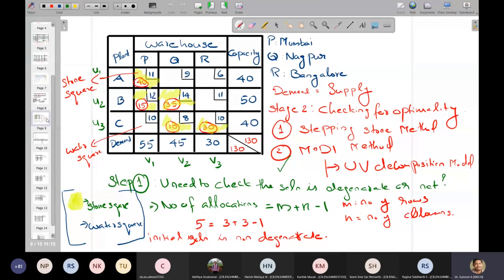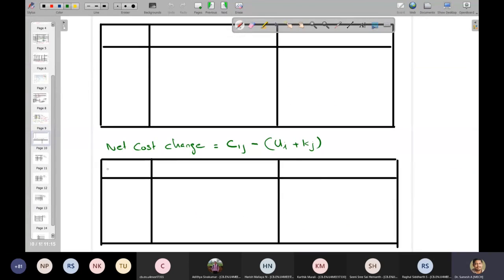That is basically the vacant squares. So you have to calculate this for the vacant squares.